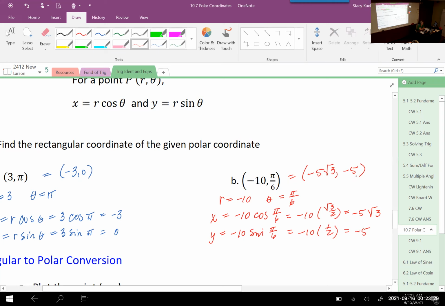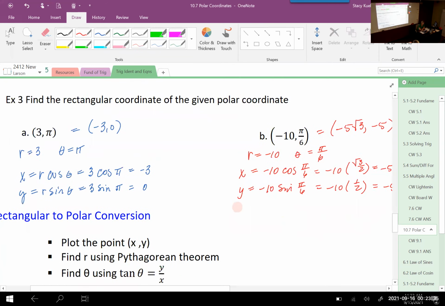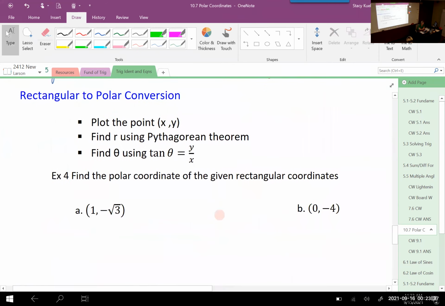All right, let's go backwards now. There's no questions on this one. Okay. So if I want to go in the opposite direction, if I want to take something that is rectangular and convert it into its polar coordinates, I've got to take things and turn them into r's and thetas.